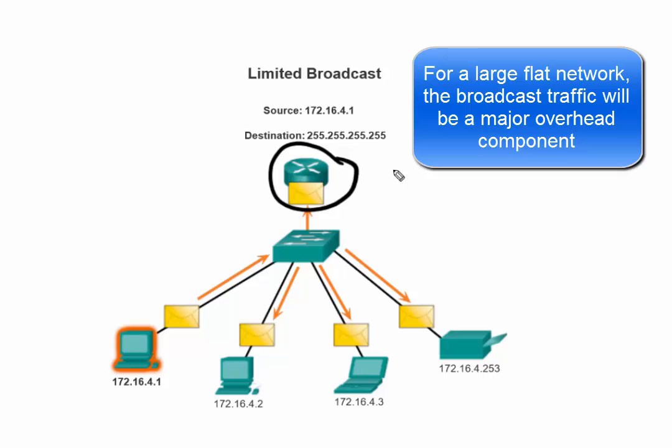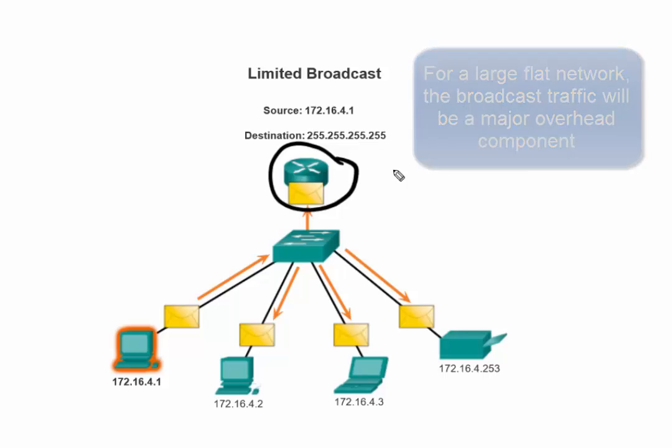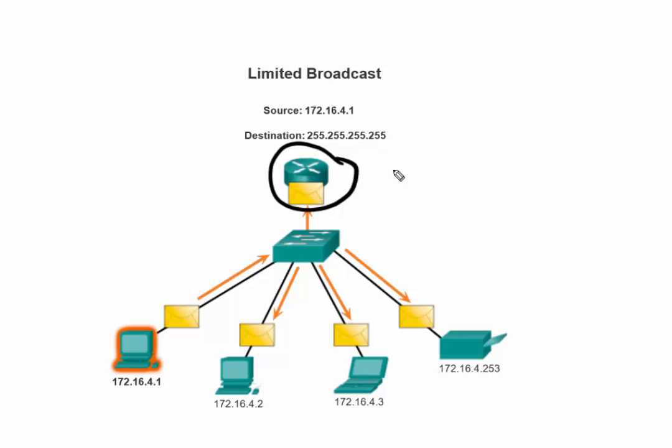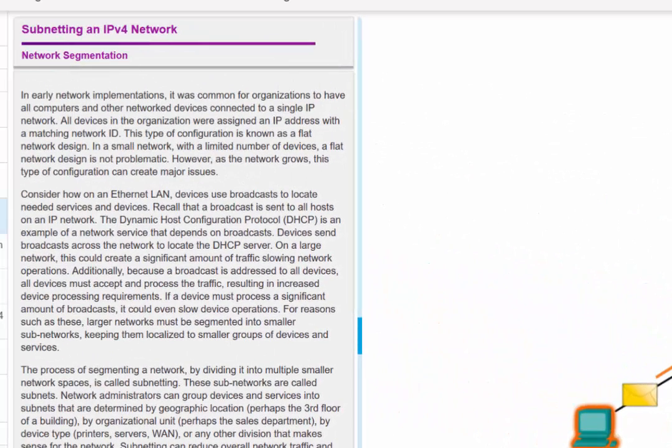So instead, designers later on tried to use the concept of segmentation to divide the network into sub-networks, and each sub-network is equivalent to an individual network, where a sub-network is connected to a router, and the group of routers are connected together into the major enterprise or the major company router, and this router is connected to the service provider.